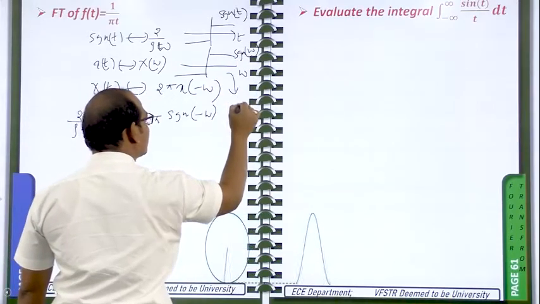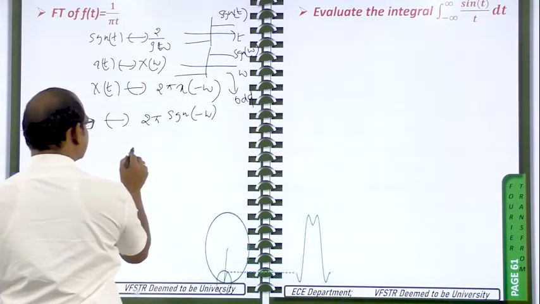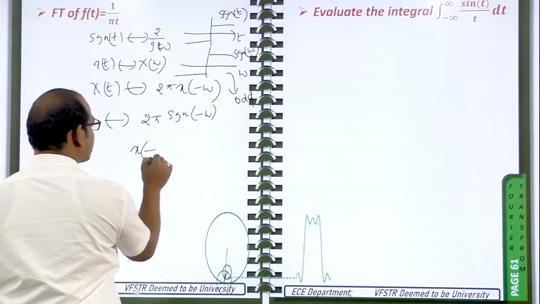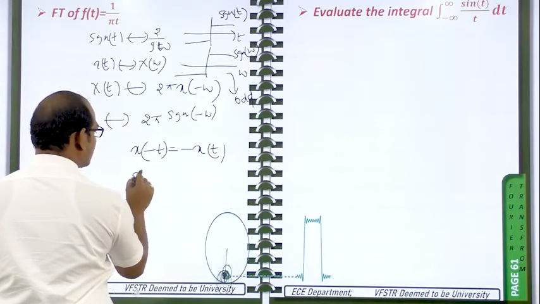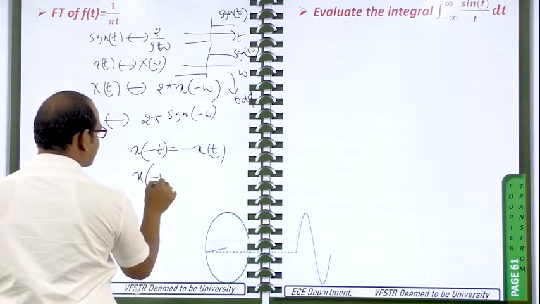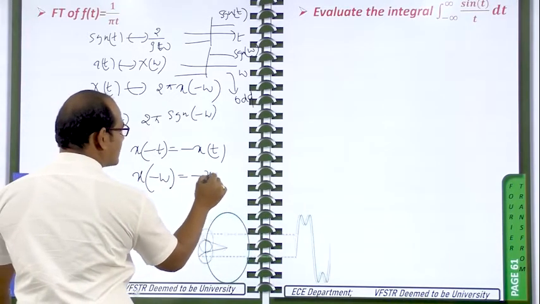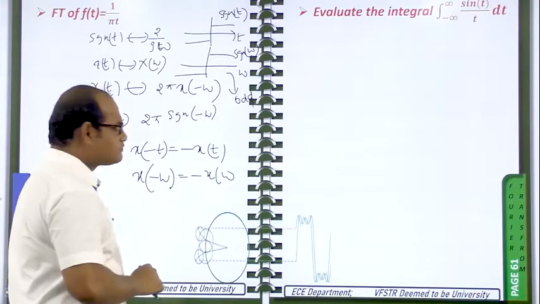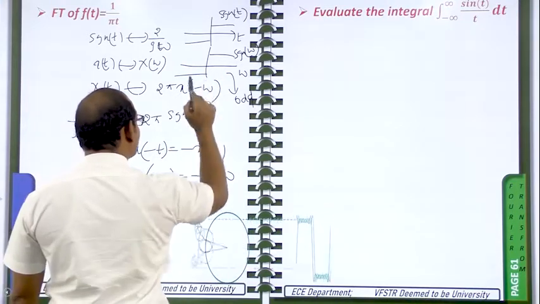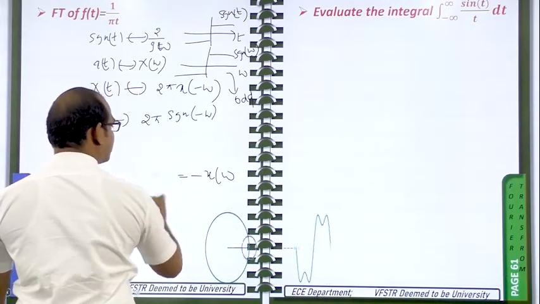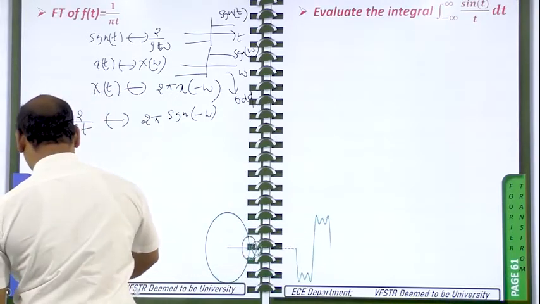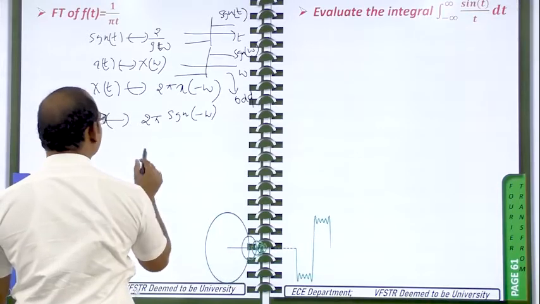So this is the odd function. Odd function means for example x of minus t is equal to minus x of t. If it is in the frequency domain, x of minus omega is nothing but minus x of omega. Because the signum function is an odd function, this minus will come in front. So the properties of the odd function can be applied in any domain, whether it is time domain or frequency domain.